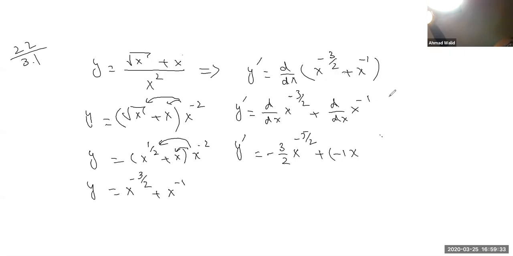Negative 1 gives you negative what? 2. Then y prime equals negative 3/2 x to the power of negative 5/2. Positive times negative gives you negative x to the power of negative 2.